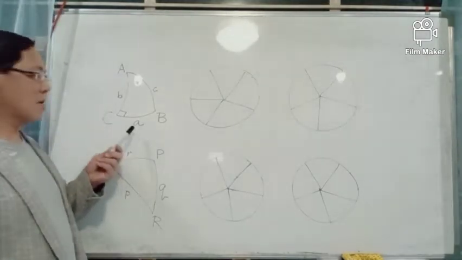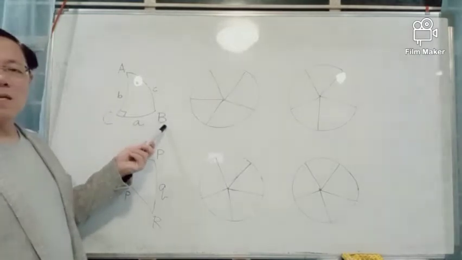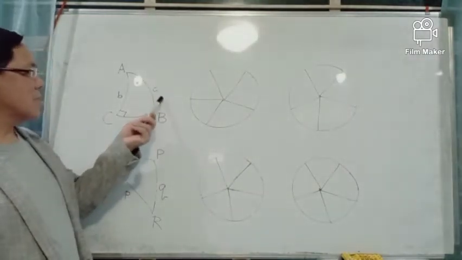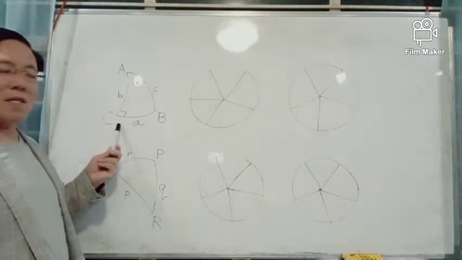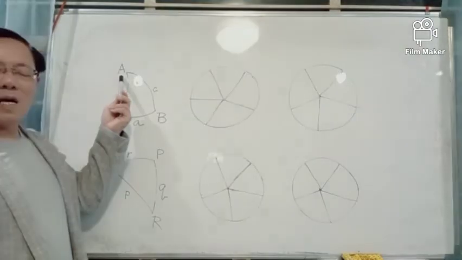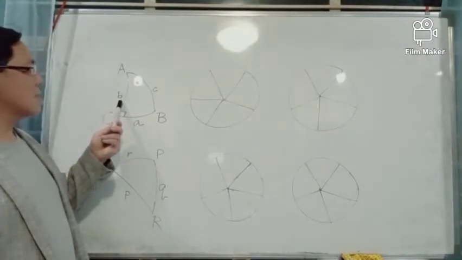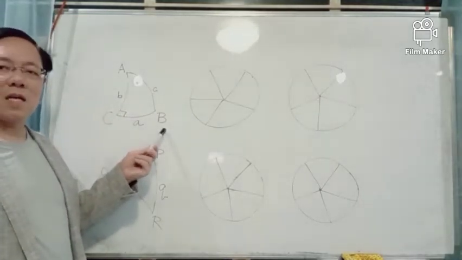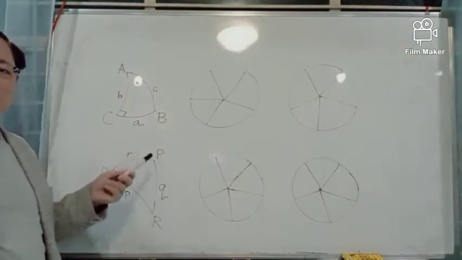Those 5 parts are this side, small a, opposite angle A, the angle at vertex B or angle B, the side c, the side opposite the right angle C, the angle A or the angle at vertex A, and the side denoted by small b, the side opposite angle B. This is a right spherical triangle.